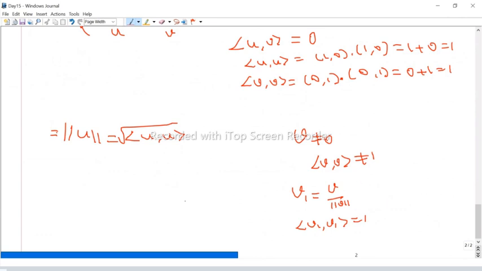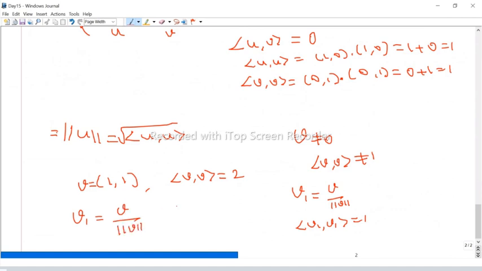Take v equal to (1, 1). The inner product of v comma v is term by term multiplication and then sum, which gives 2. This is not normal because we get 2, not 1. Now we define the new vector v1 as v divided by norm of v.